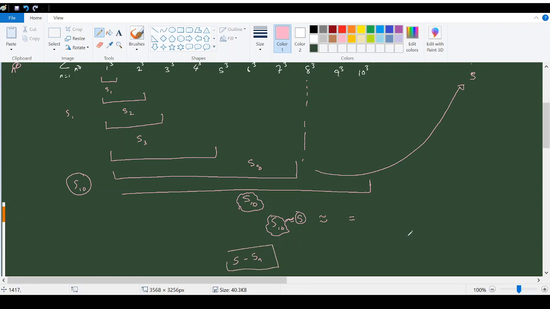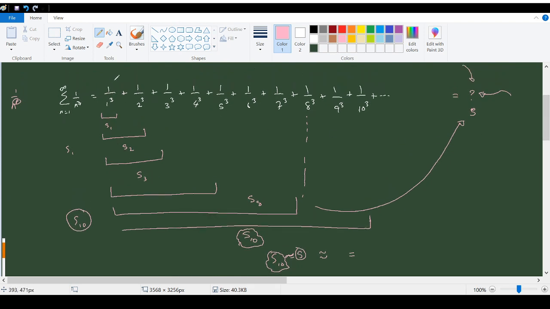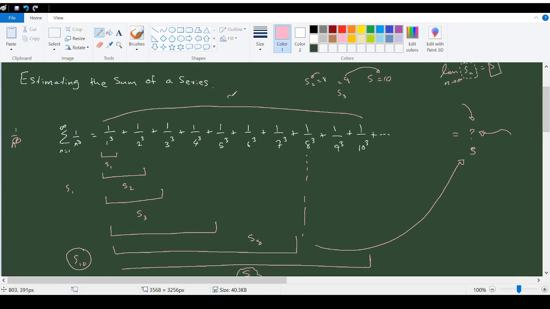If we have a look at this expansion one more time, this is the addition of the first 10 terms, which we denote by S10. And how about all these remaining infinite terms? They also have an impact.